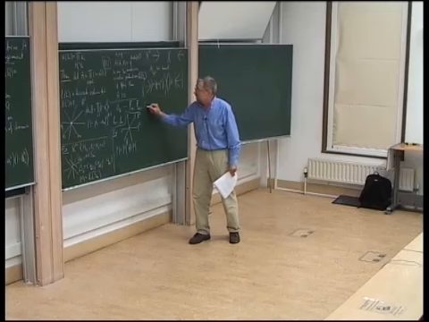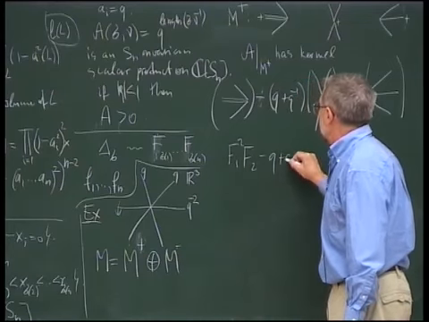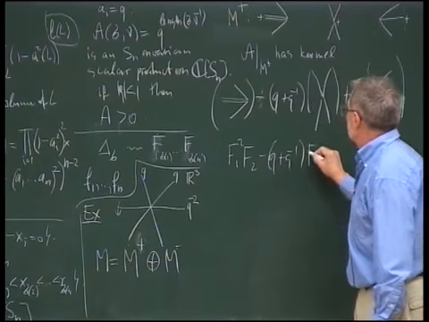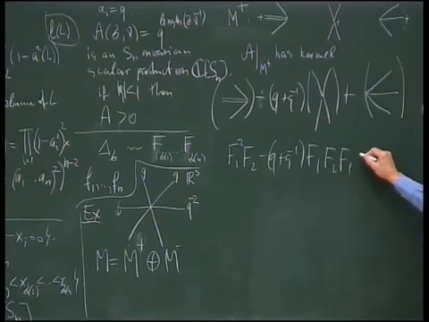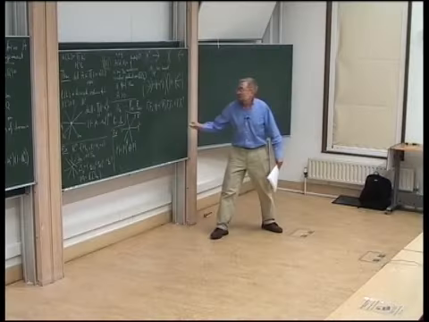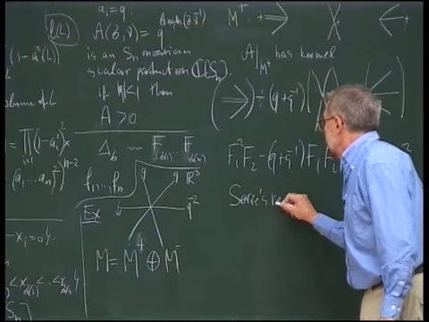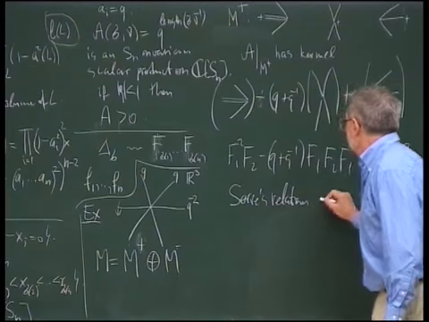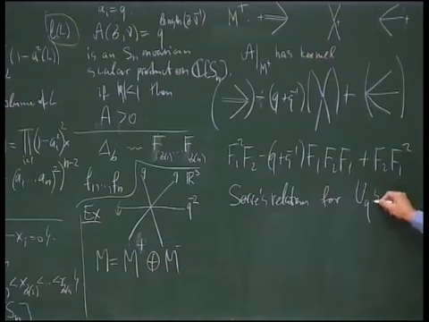Usually you write it f1 squared f2 minus (q plus q inverse) f1 f2 f1 plus f2 f1 squared, and this is called the left-hand side of the Serre relation for the quantum group U_q corresponding to SL3.